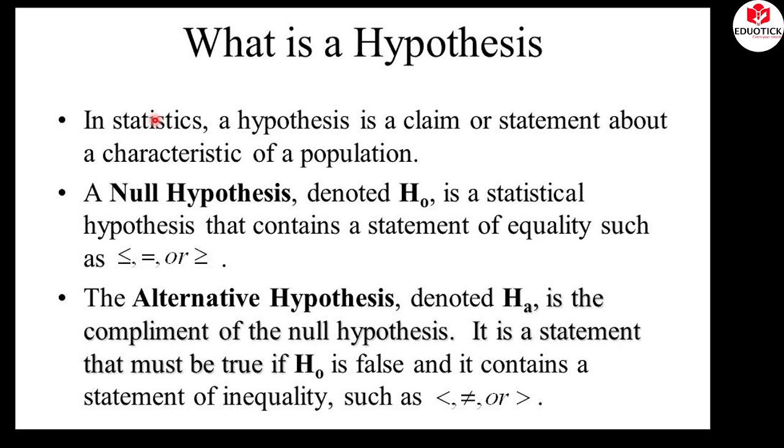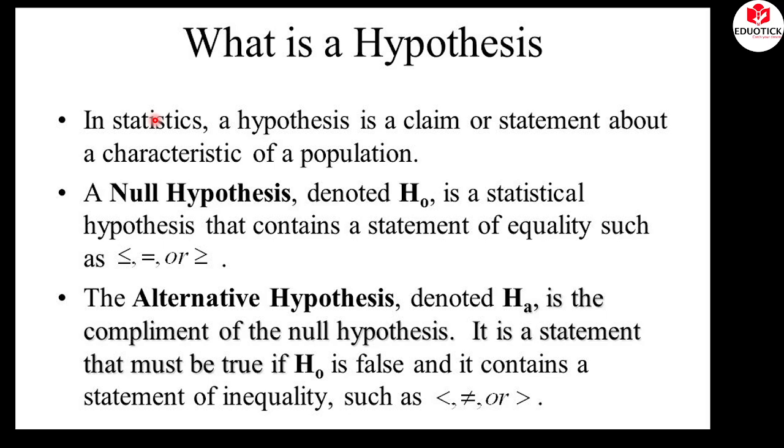In statistics also, a hypothesis is a claim or statement about the characteristics of a population. If you give some statement based on the characteristics of a population, a group of people or a group of something, this is a hypothesis.